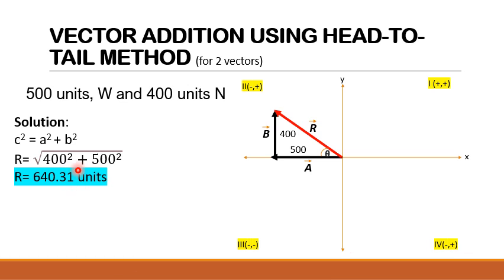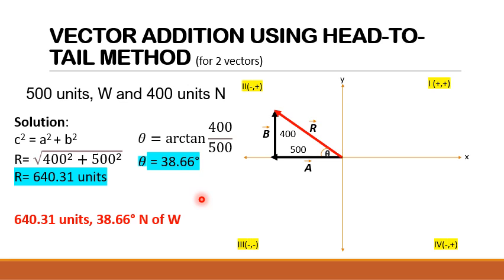You just have to square 400 and 500, square root the answer, and you will get 640.31 units. And for the location, divide 400 by 500 and get the arc tangent. And the result is 38.66 degrees. So the final answer is 640.31 units, 38.66 or 39 degrees north of west.